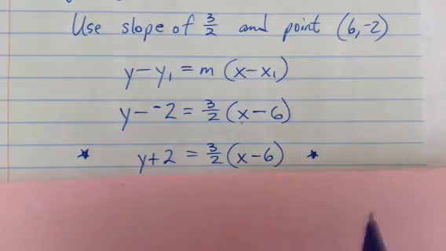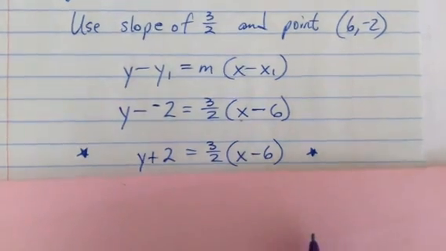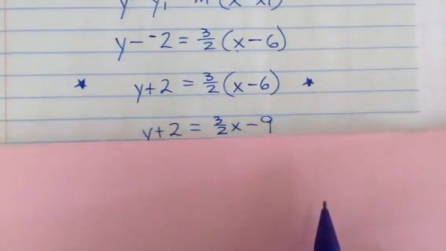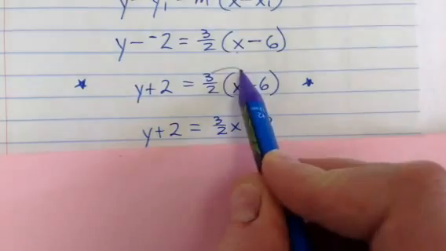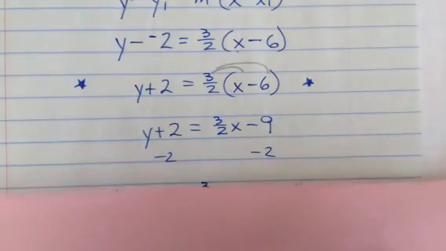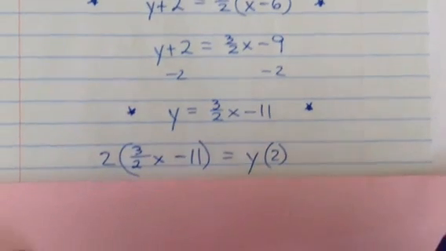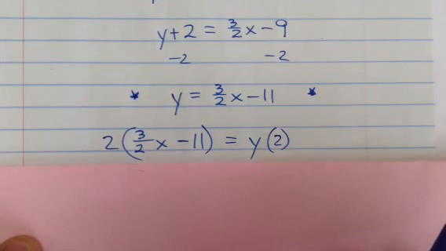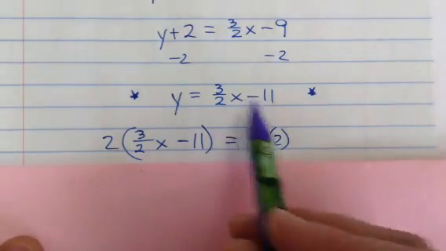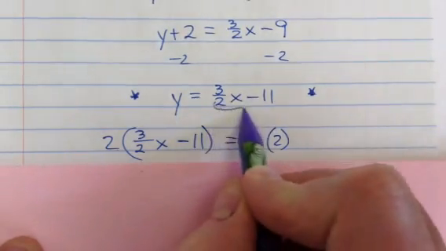What form do you have? Point, slope. Distribute. Here and here. Subtract 2. What do you have? Slope-intercept form. And finally, we're going to multiply everything by 2 to get rid of the fraction. And what I did was I switched sides here, in case you didn't catch that.